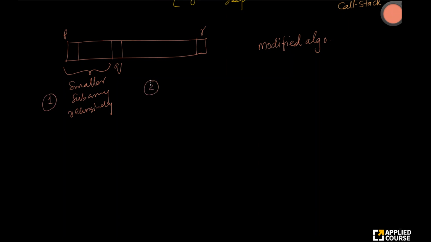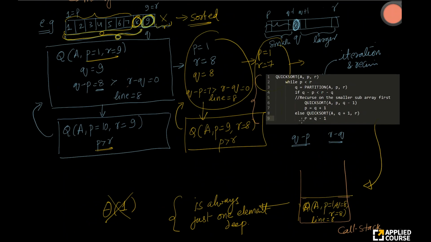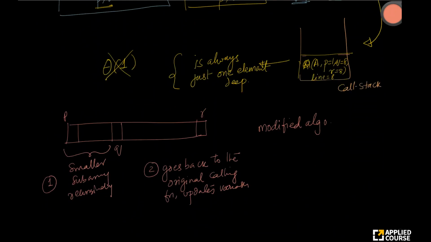Second step is it goes back to the original calling function and updates variables in the for loop. Look at this. What is this updating of variables? This updating of variables is nothing but line 9 here, R equals to Q minus 1, and also this part 7, P equals to Q plus 1. That's what I mean by updating.